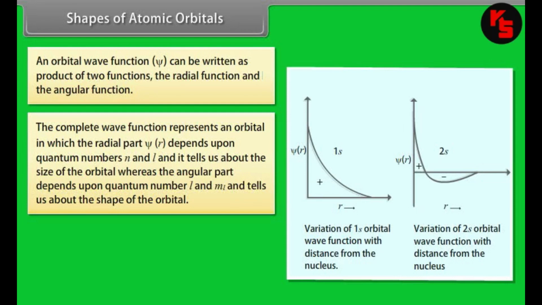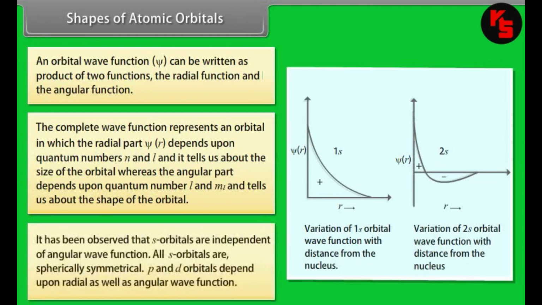The positive and negative signs indicate that the orbital wave function is positive or negative in a particular region. It has been observed that s orbitals are independent of the angular wave function. All s orbitals are spherically symmetrical. p and d orbitals depend upon the radial as well as the angular wave function.